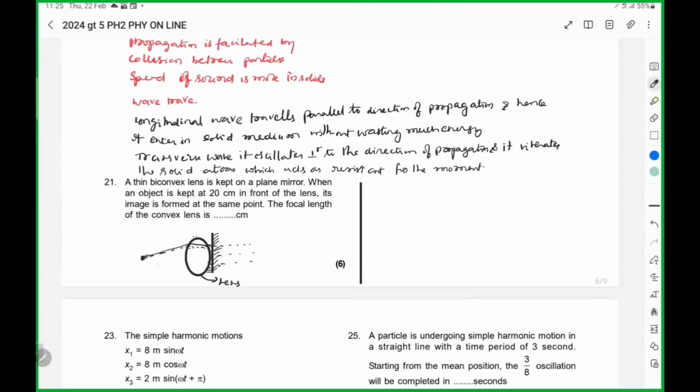So here the major point is you get the image where the object is placed.